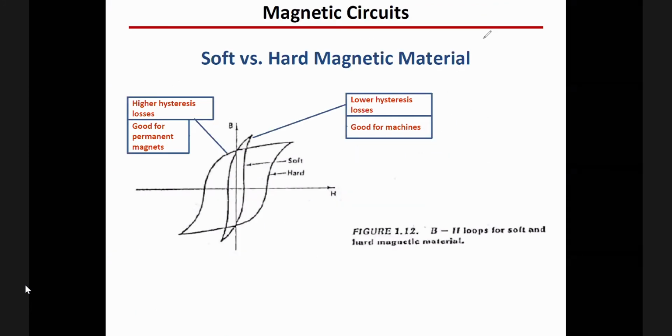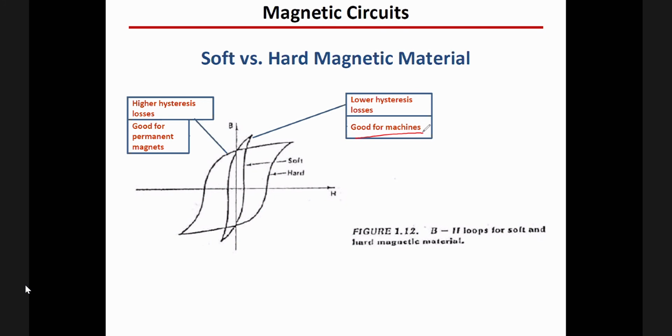And this phenomenon is different again from one material to another material. Some materials store more magnetic field. Other materials store less magnetic field. If we have a material that is storing less magnetic field, this is good for machines. This is called soft material. Why is it good?